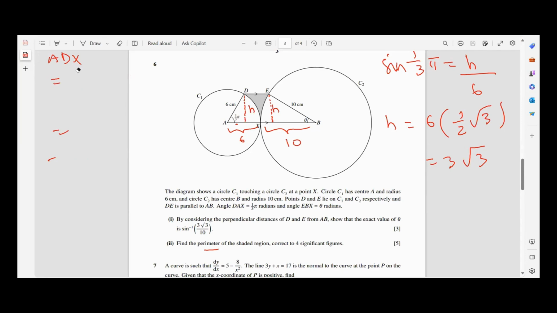So first we find the arc of DX. Arc DX is theta r, so 1 over 3 pi times r, which is 6. So this cancels, and it becomes 2 pi. And then we have to find the arc of EX.